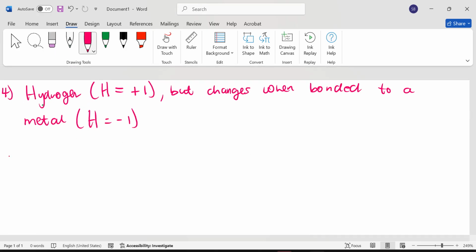And then if you look at another rule, this one tells you about monoatomic ions.